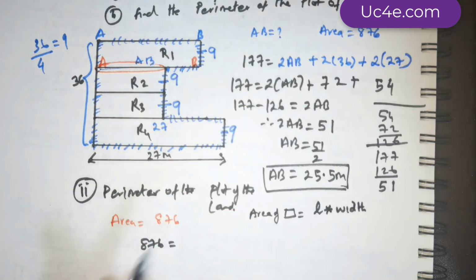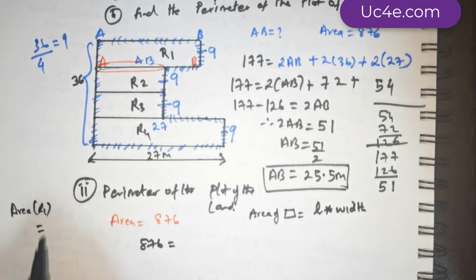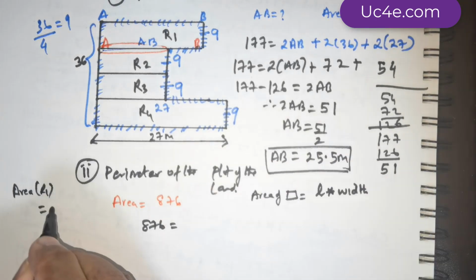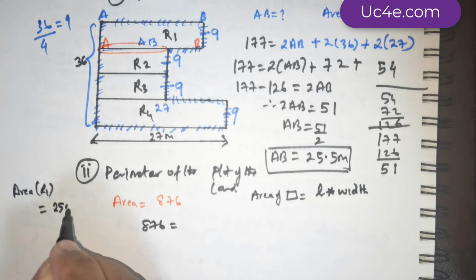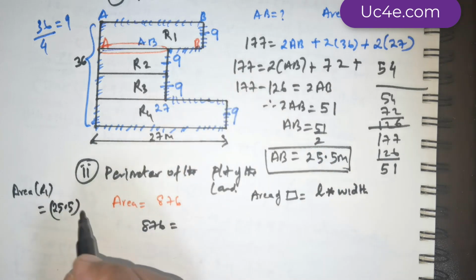So area of rectangle R1. Let me write that. Area for R1 is equal to, my length is given to be 25.5 times my width. My width is 9.